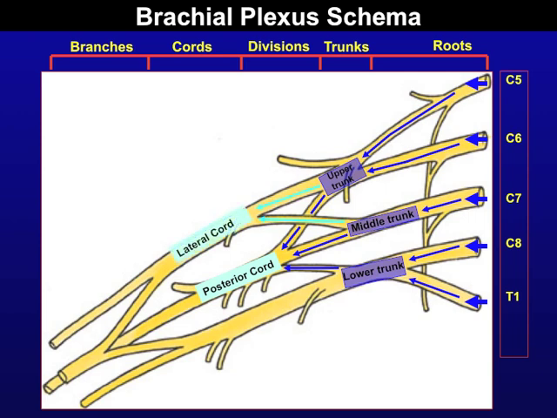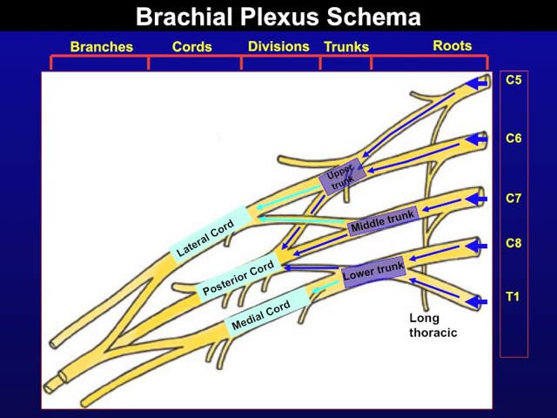Let's now take a look at what happens to the anterior divisions. The anterior divisions of the upper and middle trunks join together to form the lateral cord. Meanwhile, the anterior division of the lower trunk continues by itself to form the medial cord. Now we're ready to identify the terminal nerves that emerge from the brachial plexus.